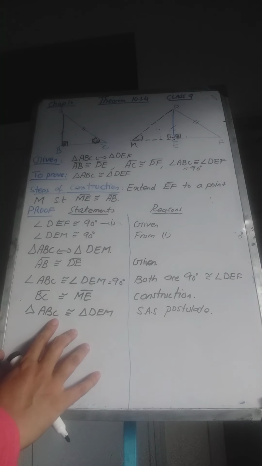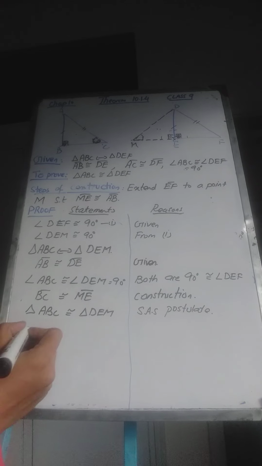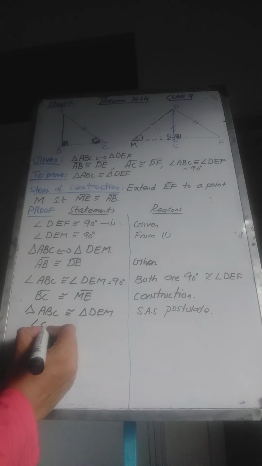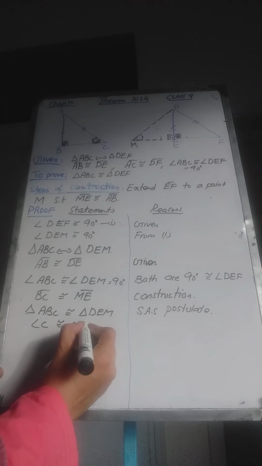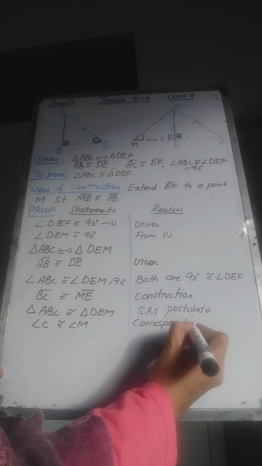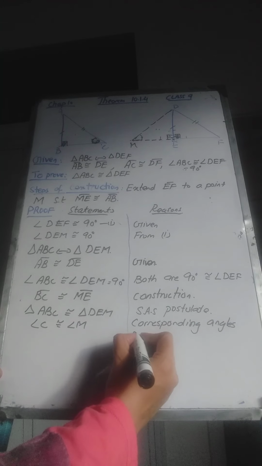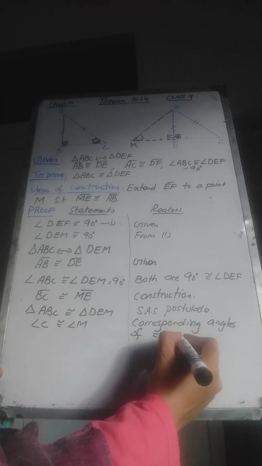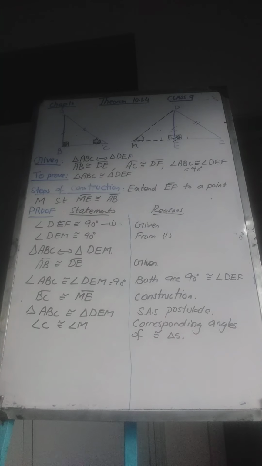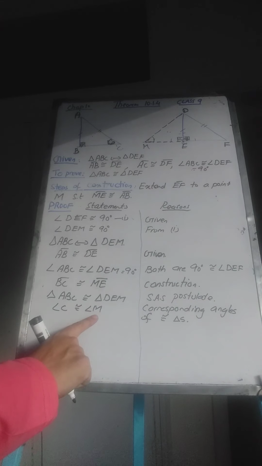Therefore we can say that angle C will be congruent to angle M. This is because corresponding angles of congruent triangles. Whenever two triangles are congruent, their corresponding angles are always congruent.